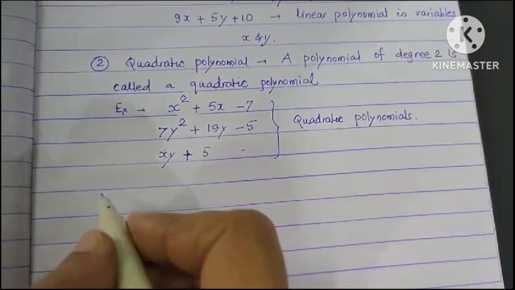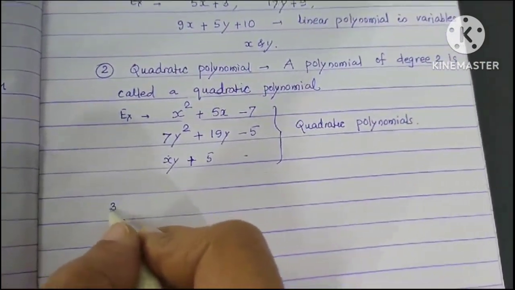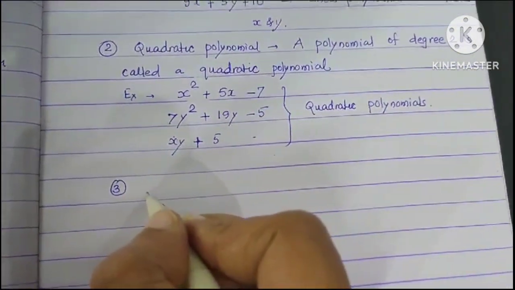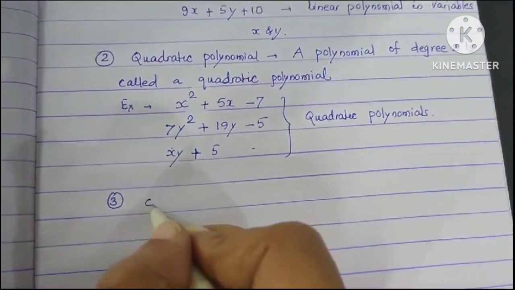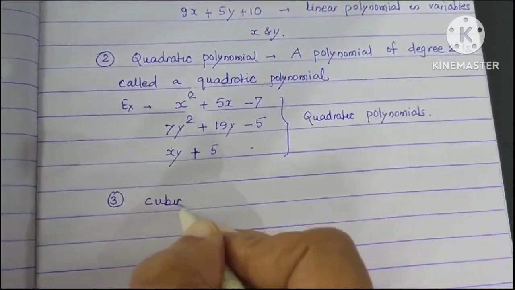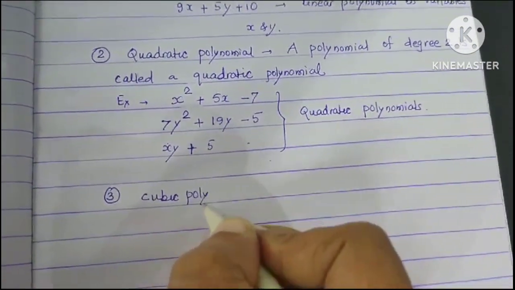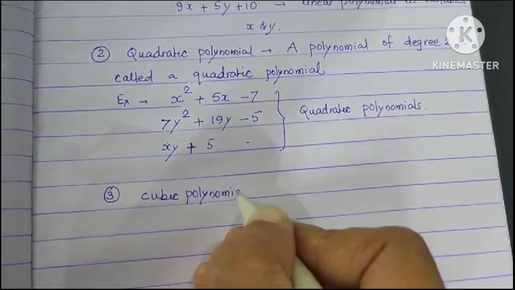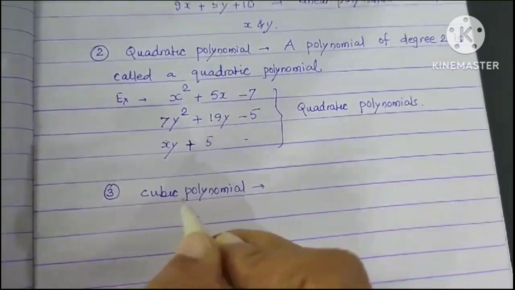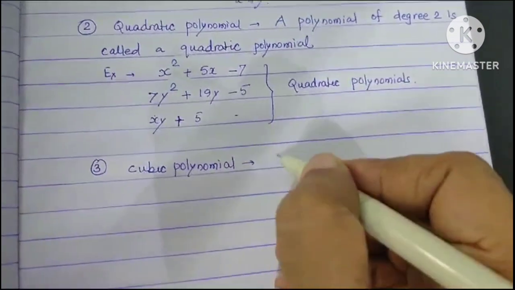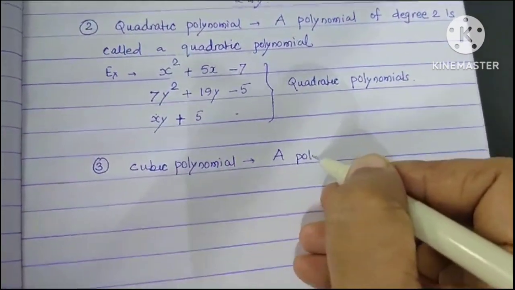The third one is the cubic polynomial. This will be of degree 3.